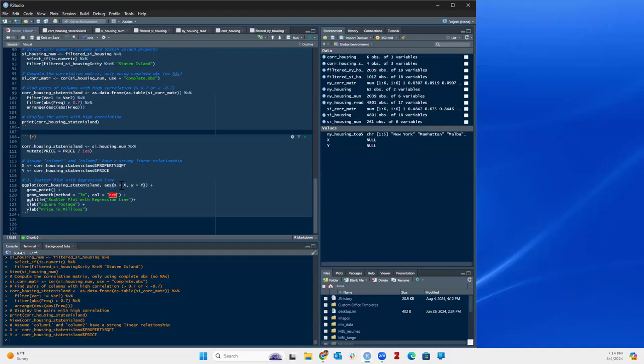But what we can tell the computer is essentially what the X and Y are going to be, as well as some other information, but let's stick to X and Y. GM point is just saying, I'd like to make a scatter plot, so it's going to be just a bunch of points on an XY graph. GM smooth adds a line to your graph, and this is a very versatile function. In this particular case, we're putting in a regression line, so a line of best fit.